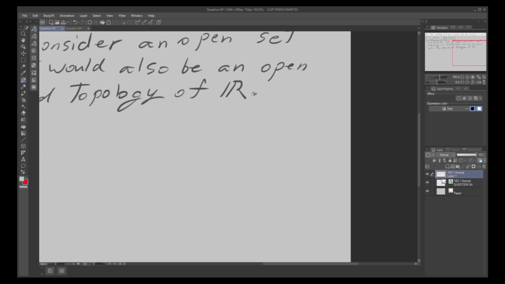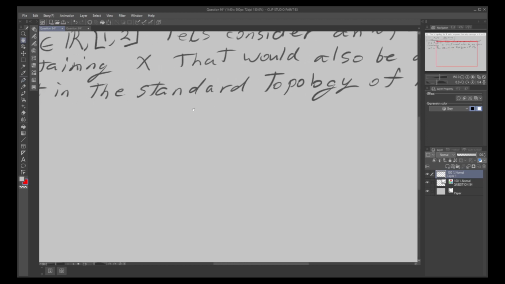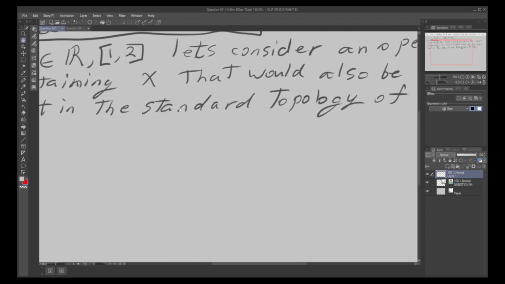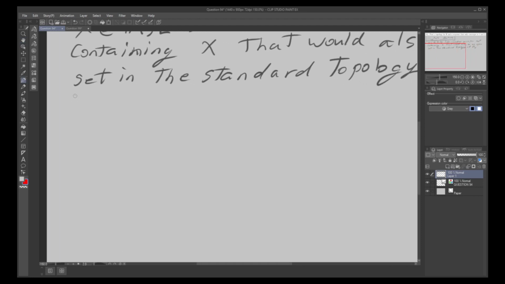Of course, with it being in the standard topology isn't the condition we need exactly, but we need it to both be in the standard topology, and also we need it to not contain 1 and 2.